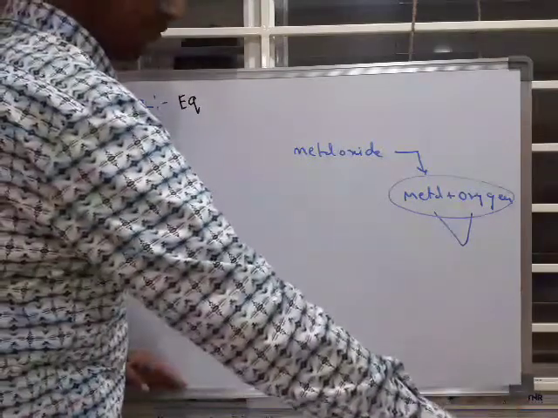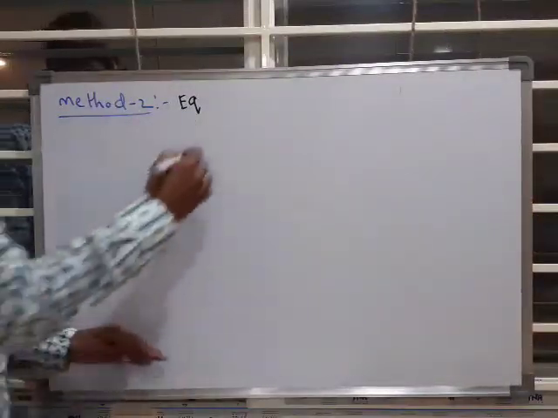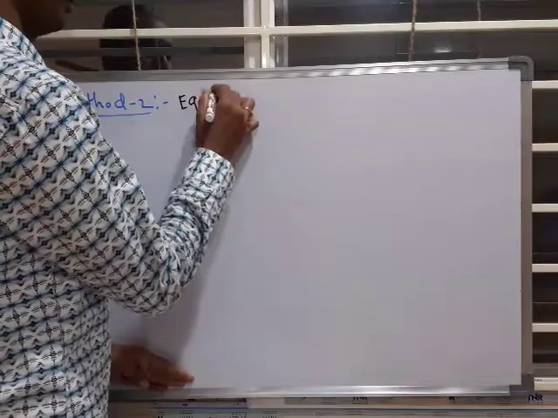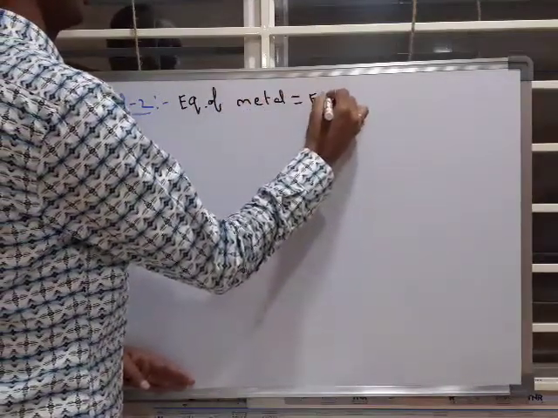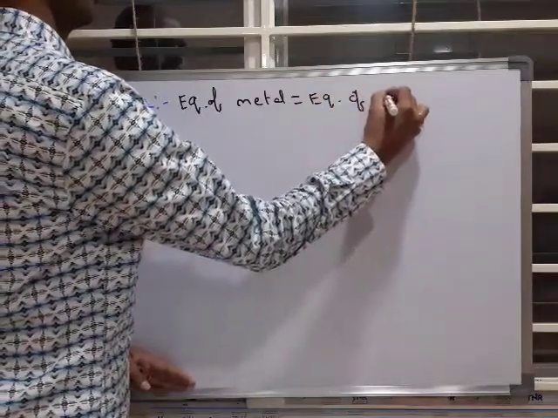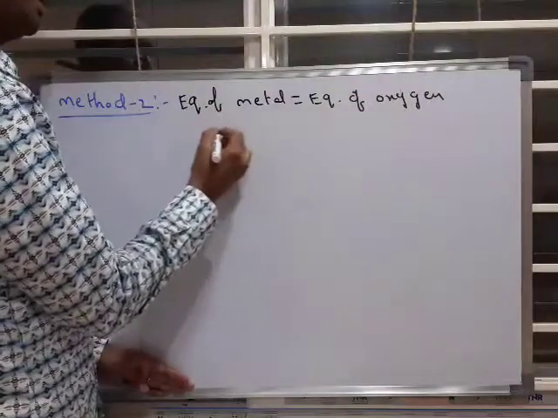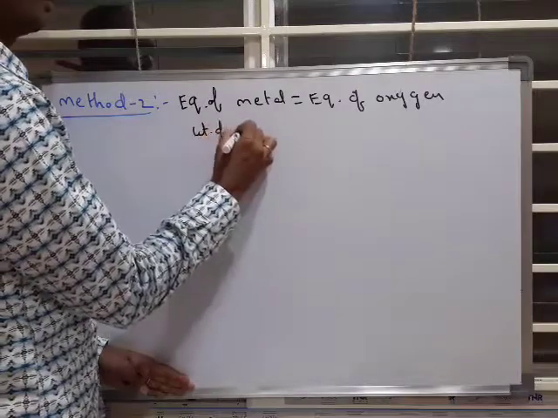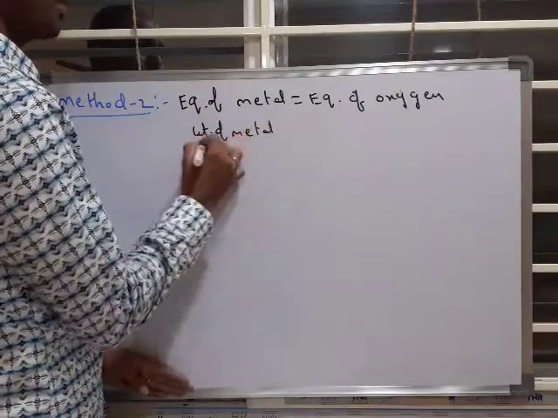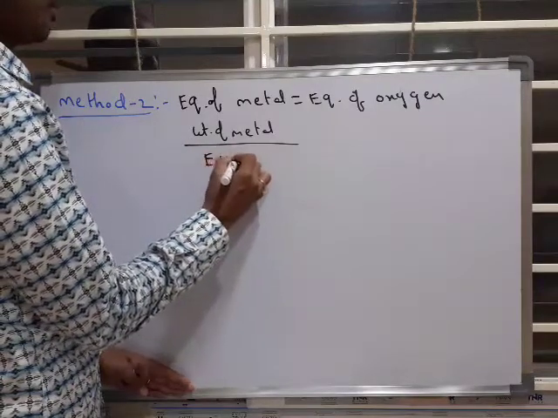equivalence of metal is equal to equivalence of oxygen. Equivalence of metal means weight of metal by equivalent weight of metal.